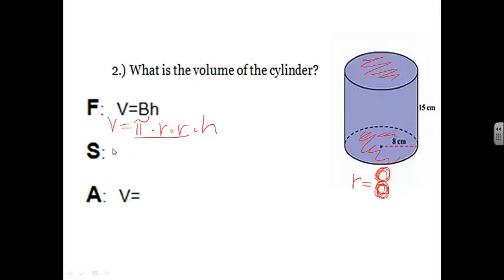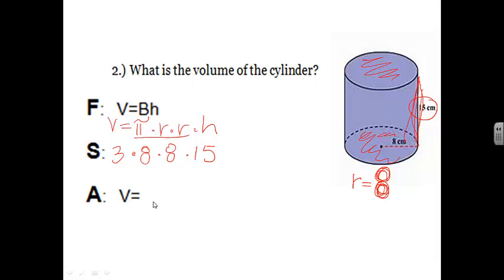So I know that when I sub in, pi means 3, so it's going to be 3 times 8 times 8 times my height, which is 15. The height, remember, is what connects your two bases. So connecting this circle and this circle is my height, which is 15. So we have 3 times 8 times 8 times 15.